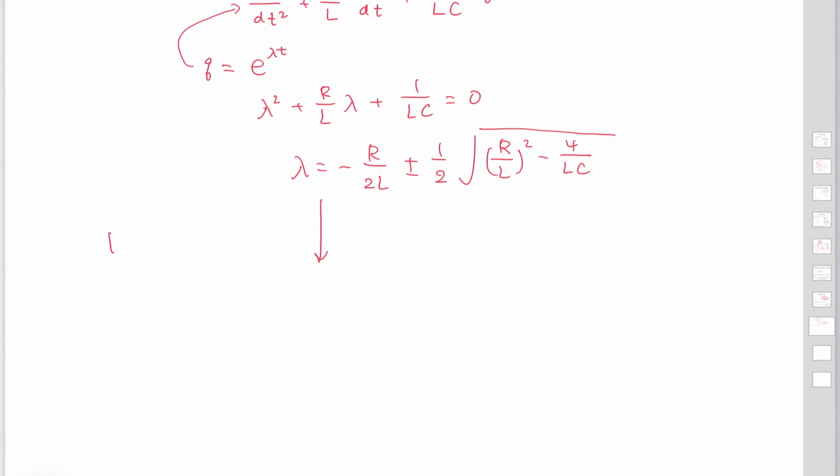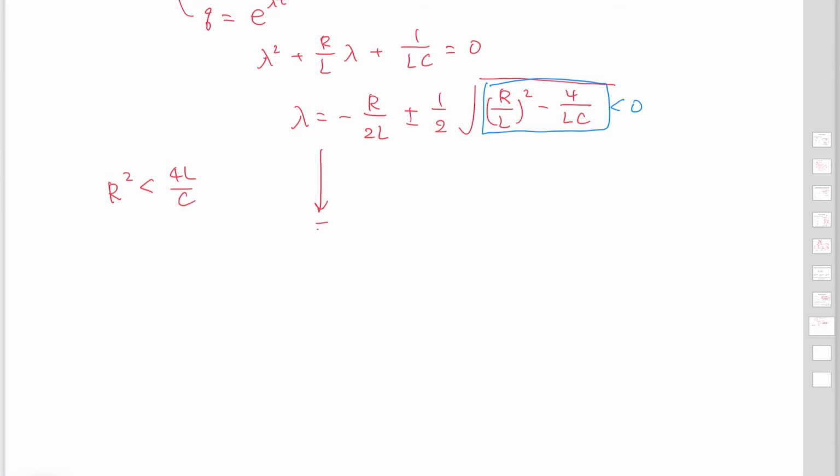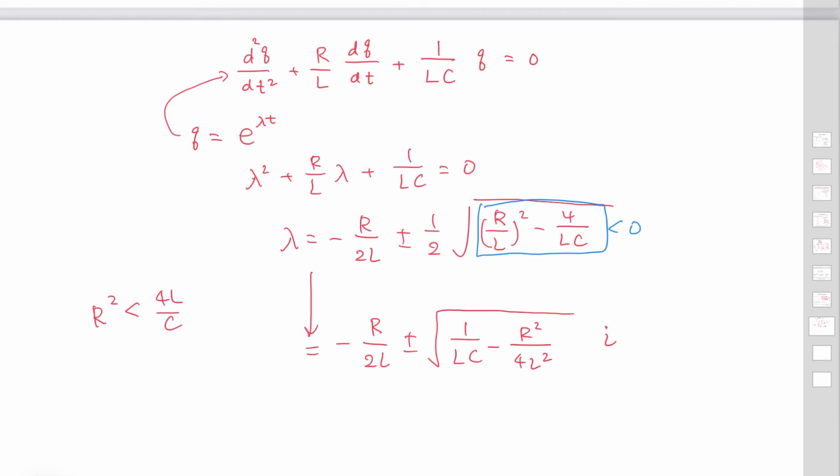When R squared is smaller than 4L over C, the inside of the square root becomes negative. So we could express this as minus R over 2L plus or minus square root of (1 over LC minus R squared over 4L squared) times i, the imaginary number. When lambda becomes imaginary, the answer is expressed with cosine and sine trigonometric functions.